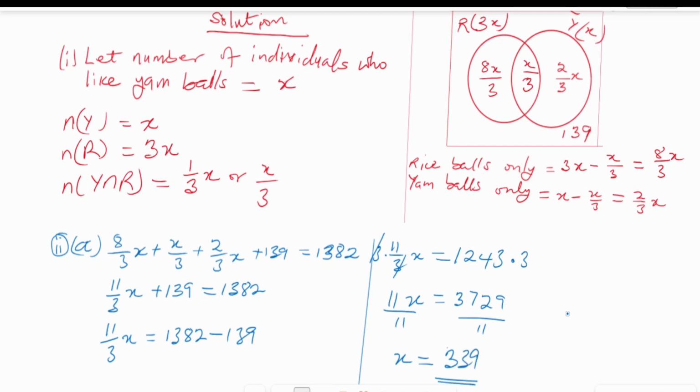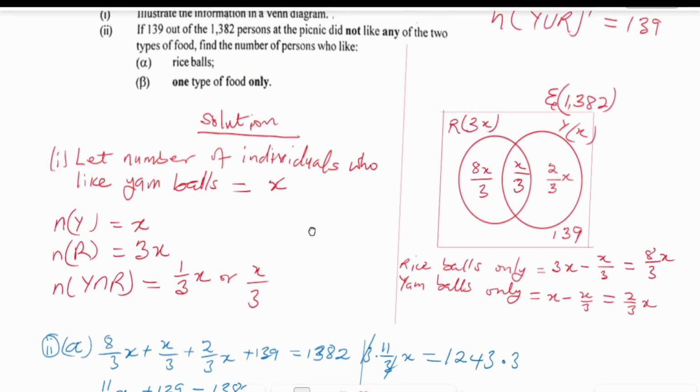Alright. Then now that we know the value of x, 339, we go back to the question. The number of persons who like rice balls, which is 3x. We will now come here.